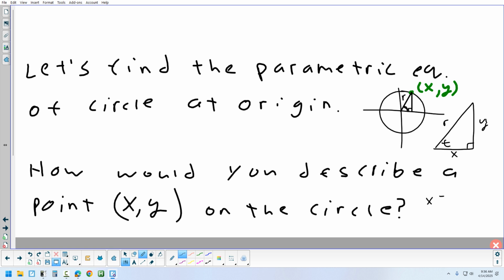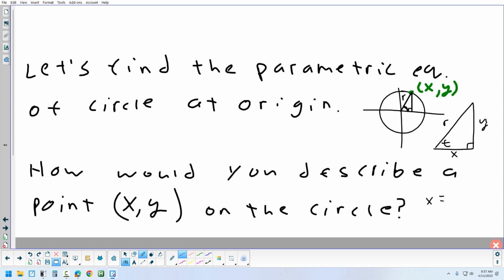What would be my formula for x using trig? I know you had a good trig teacher.